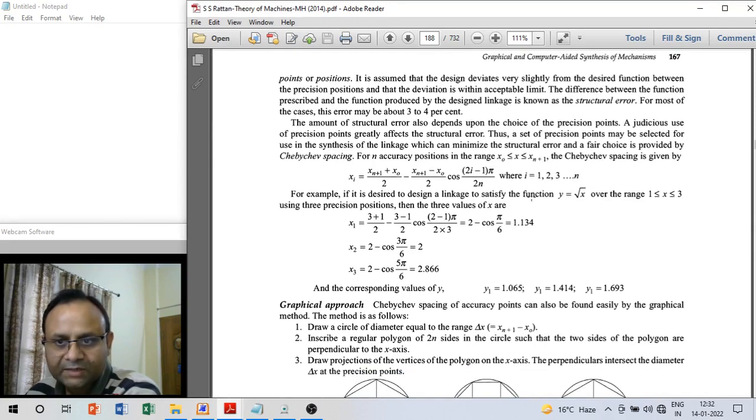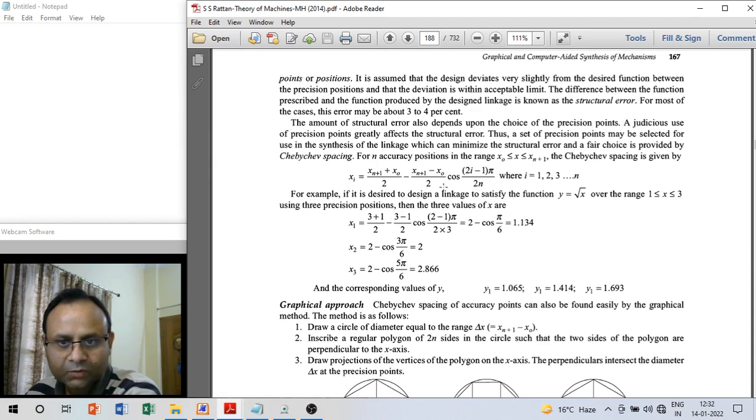An example is given here. Say we want to generate this function, y is a square root of x, and the range of x is from 1 to 3, and it is said that we have to pick 3 accuracy points or 3 precision points, then x1, x2, x3.